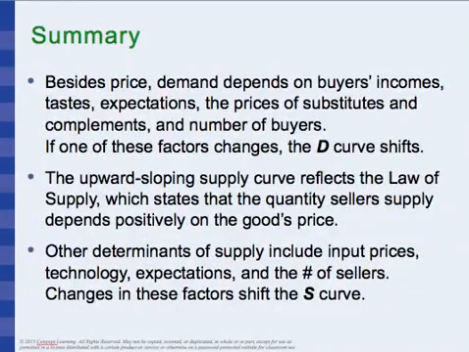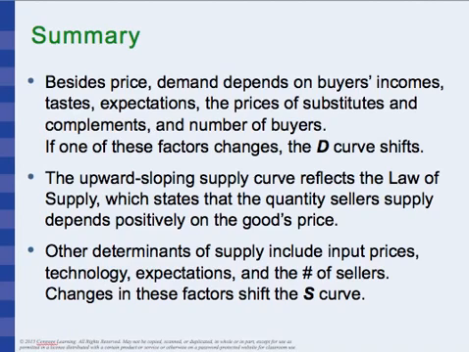Besides price, demand depends on buyers' incomes, tastes, expectations, the price of substitutes and complements, and number of buyers. If one of these factors changes, the demand curve shifts. These are those other factors outside of price. You're going to need to know all of them. Buyers' income, tastes, expectations, price of substitutes, complements, and number of buyers.